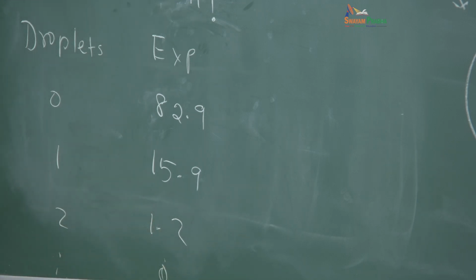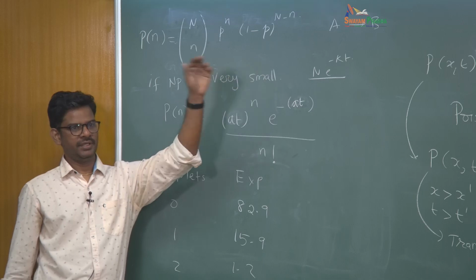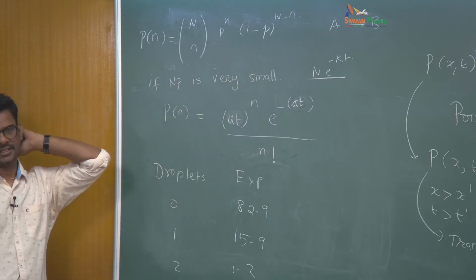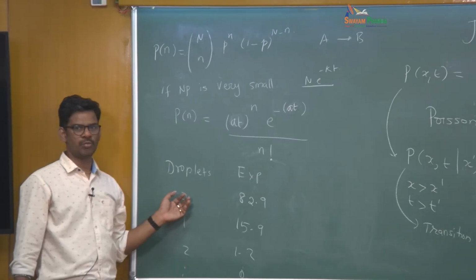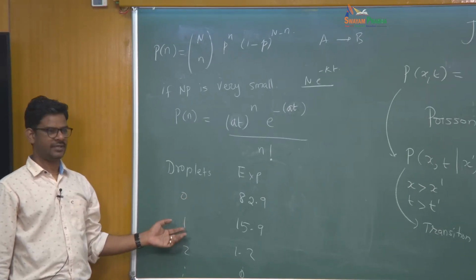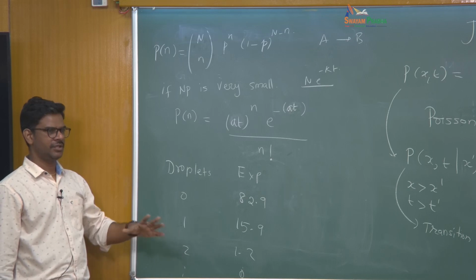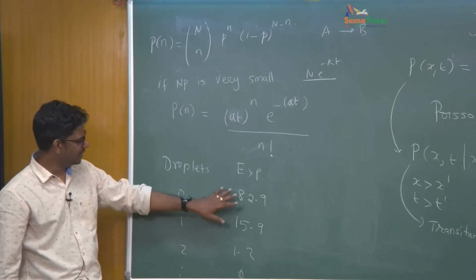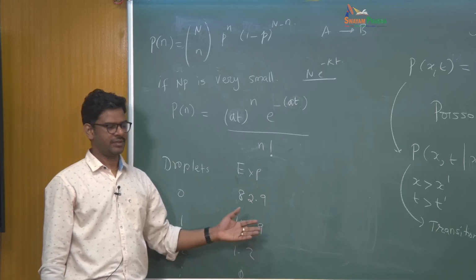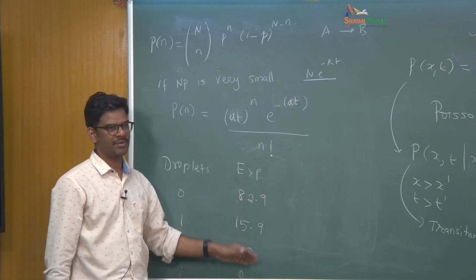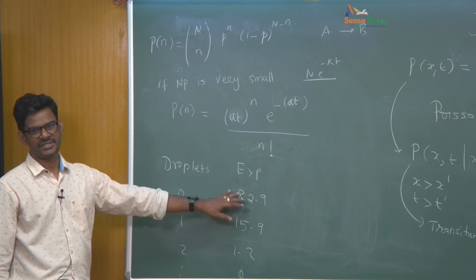So some experiments were done where the reaction A going to B was conducted, and they look at the probability of finding a droplet with no molecules of A, one molecule of A, or two molecules of A. Using some fluorescence experiment, they found these percentages. If you put 0.829, it will become a probability, but here they say percentage.